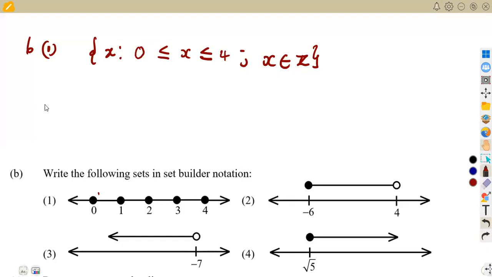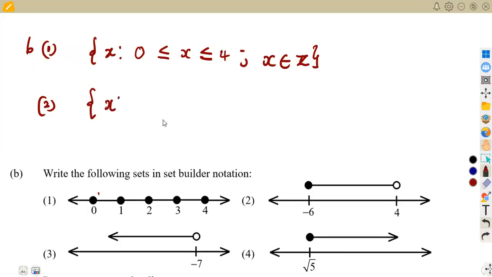All right, on number 2, I want you to see, they indicated from -6 up to 4 in this format. So once they indicate like this, they are saying any number in between can be taken. So these x values are no longer integers, they are real numbers, because you're talking about any number as long as it exists.